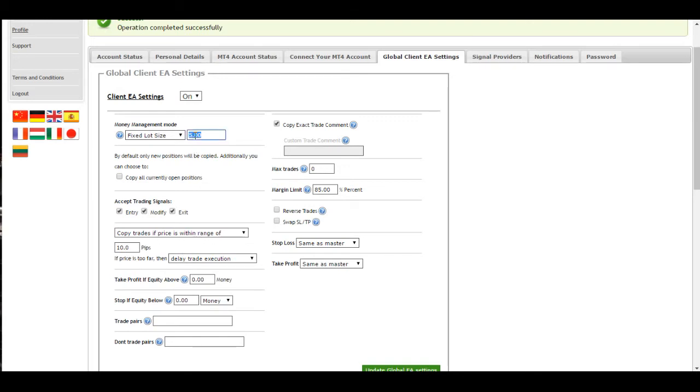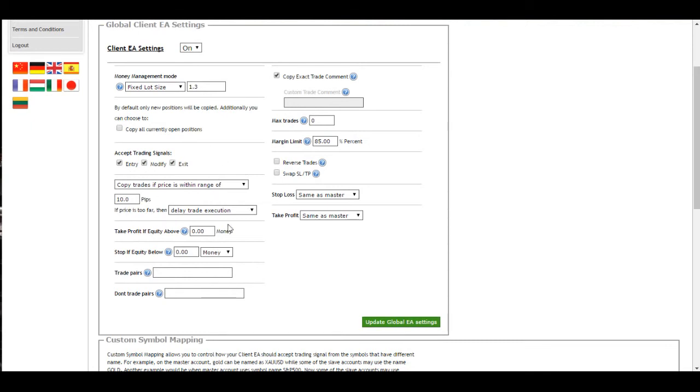All right. And just so y'all don't get the wrong idea, I'm really going to change this. Do 30%. All right. If price is too far, meaning that it deviates away from the 10 pips, we place a trade, and by the time your account places that trade, if it's not within 10 pips, it's either going to delay the execution, meaning the market may adjust a little bit and might knock you back within that 10 pip range, then it'll go ahead and place the trade.